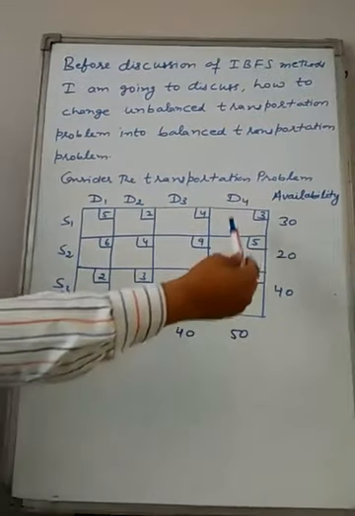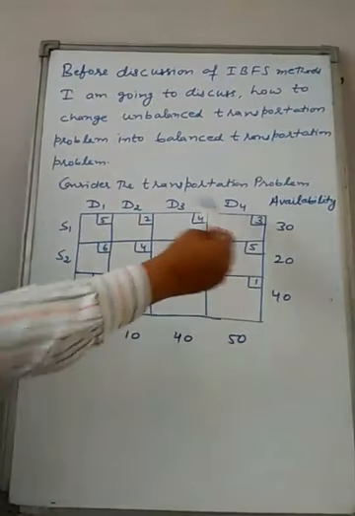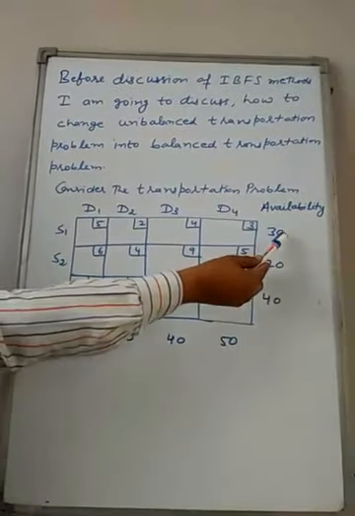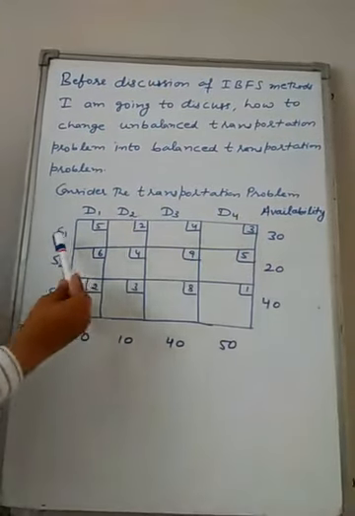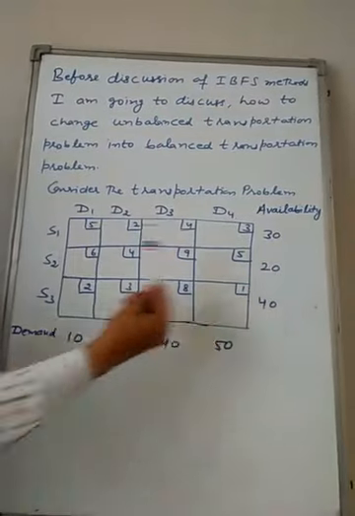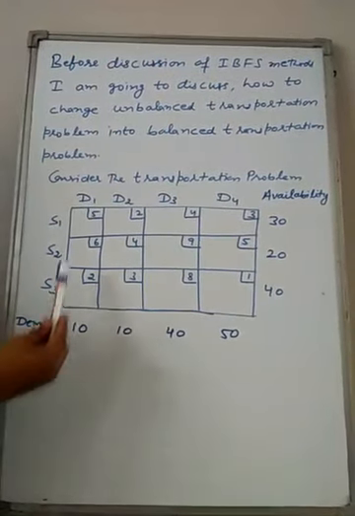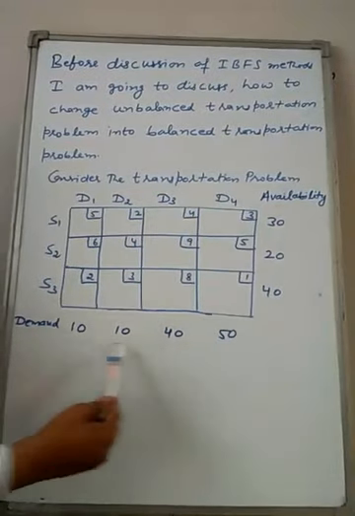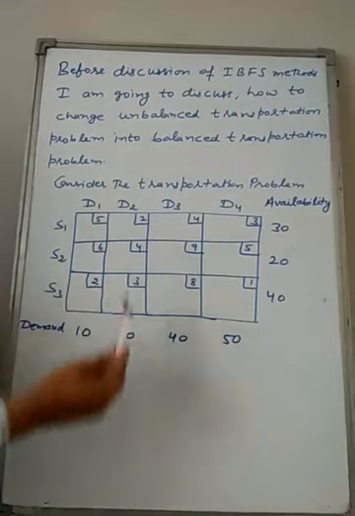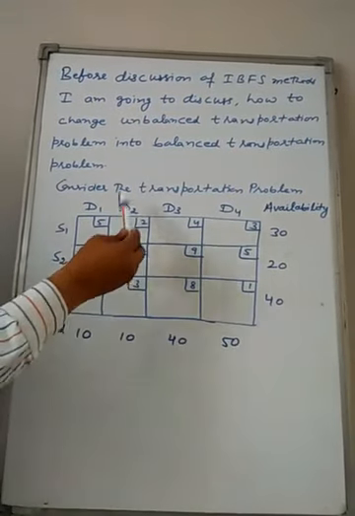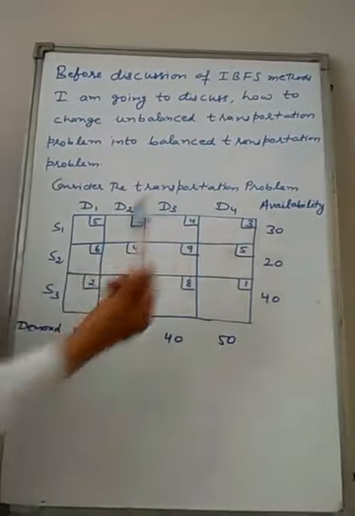The others are discussed in a similar manner. These are the availabilities at the different sources: 30 at source S1, 20 at source S2, 40 at source S3. These are the demands at different destinations: 10 at destination D1, 10 at D2, 40 at D3, 50 at D4.